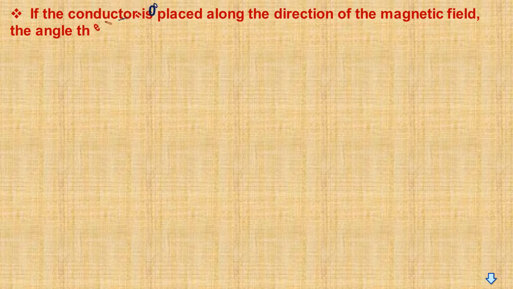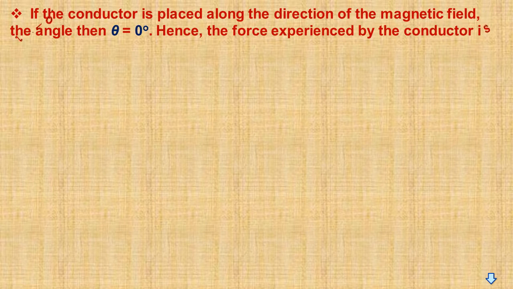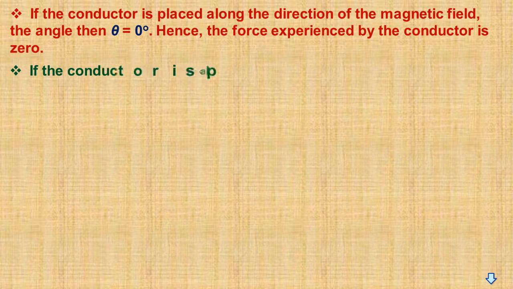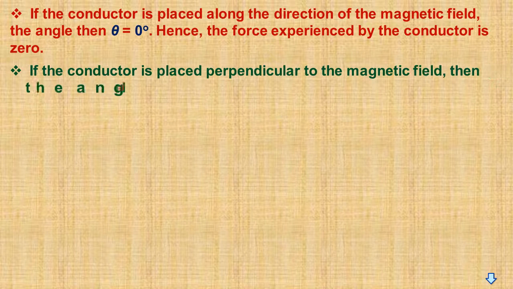Students, there are some conditions. If the conductor is placed along the direction of the magnetic field, then the angle between them is theta equal to 0 degree, and hence the force experienced by the conductor is 0. If the conductor is placed perpendicular to the magnetic field, then theta is equal to 90 degree.